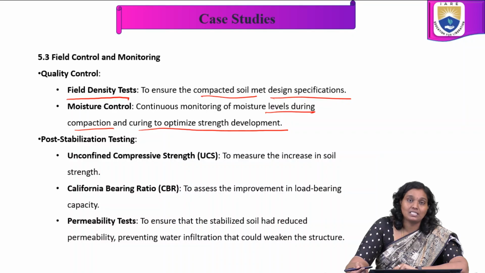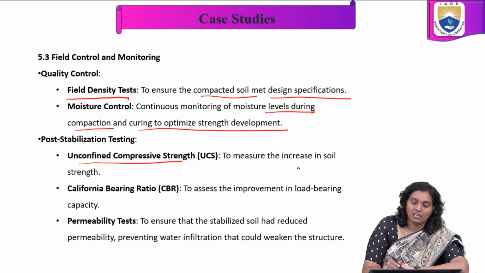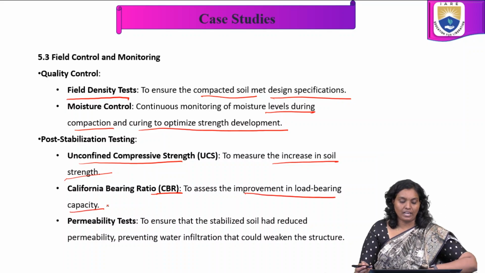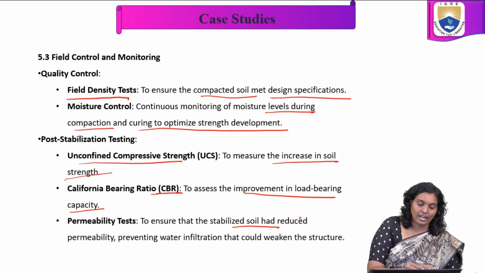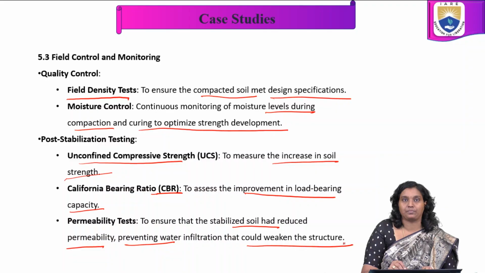In post-stabilization testing, unconfined compressive strength, UCS, measures the increase in soil strength. California bearing ratio, CBR, assesses the improvement in load bearing capacity. A permeability test assures that the stabilized soil has reduced permeability, preventing water infiltration that could weaken the structure.